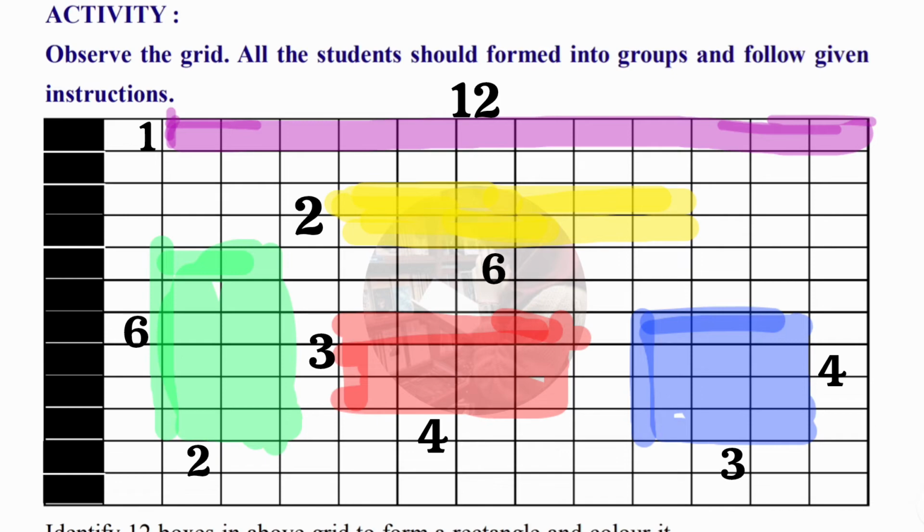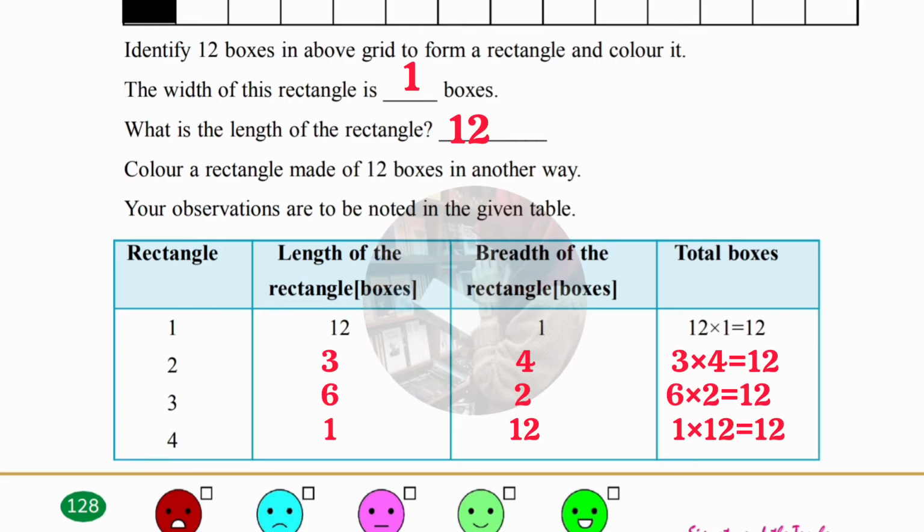Now we'll see the last question, which is: note your observations in the given table. Whatever we have shown just before, we have shown 5 different types of rectangles, and this question is based on that itself. So the first rectangle: length is 12, breadth is 1. So 12 into 1 is 12.